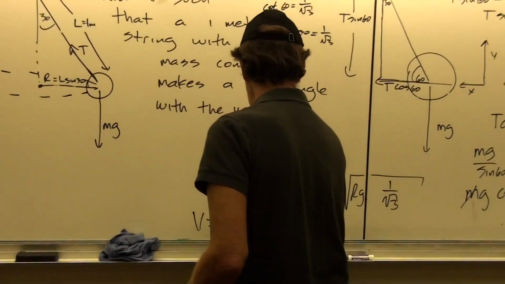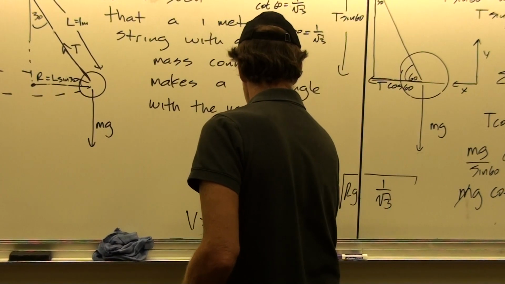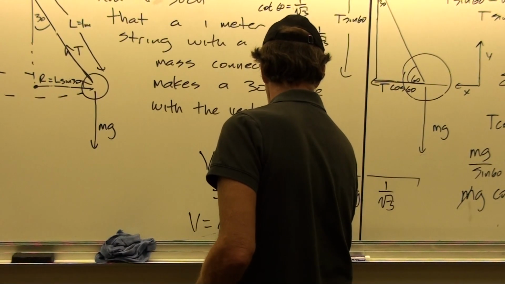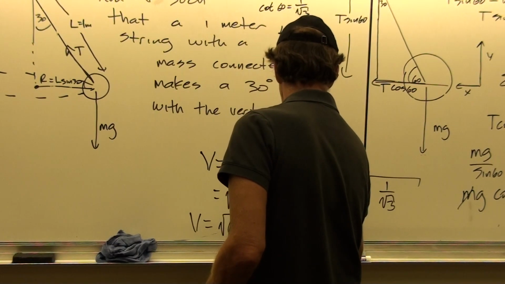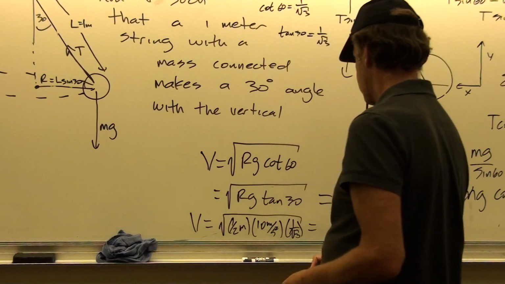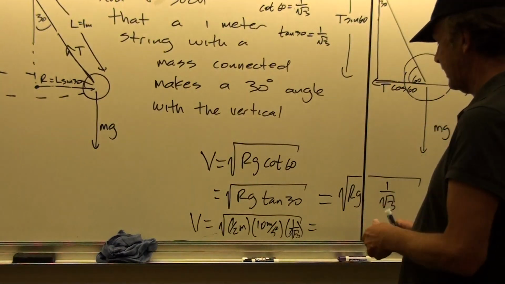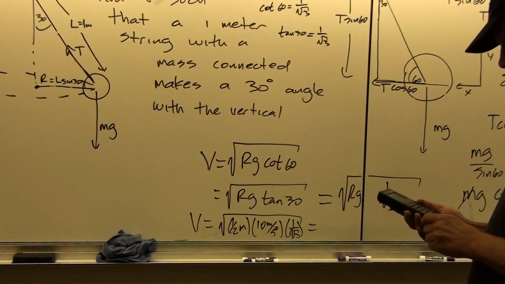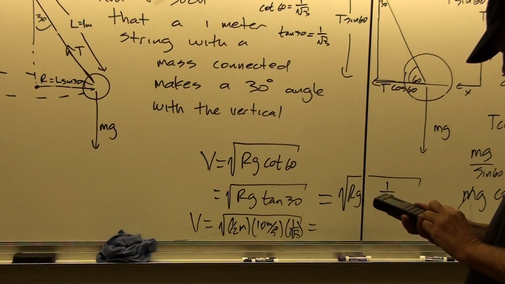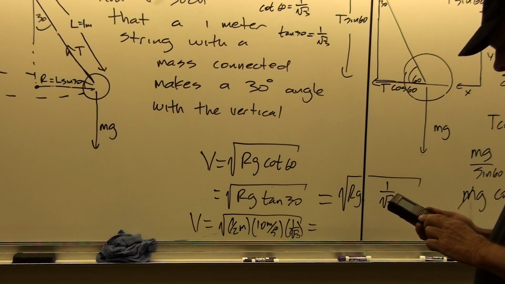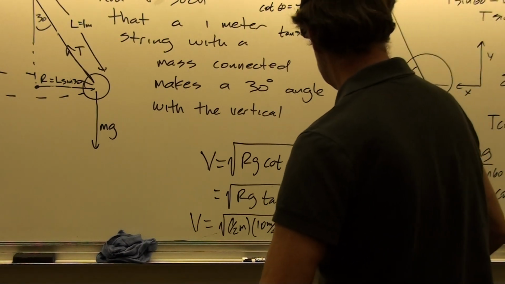So that's 1/2 meter times g, which is 10 meters per second squared, times 1 over square root of 3. Right, so that gives us 5 divided by the square root of 3, square root, which is 1.7 meters per second.